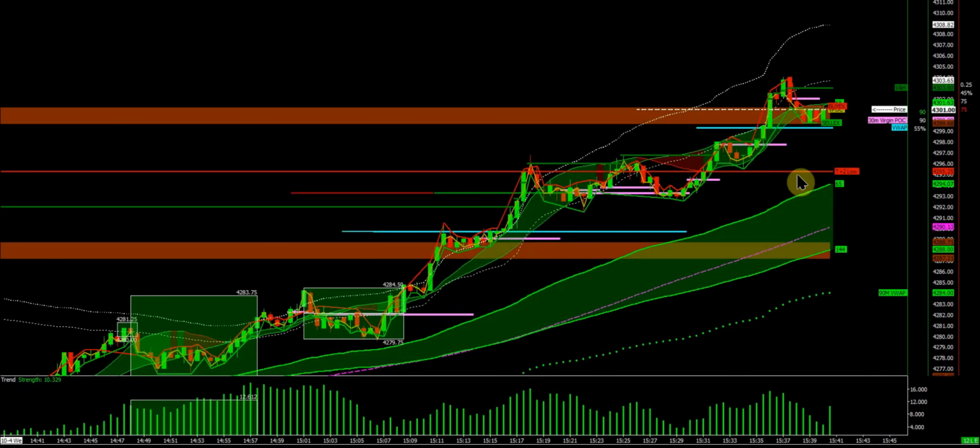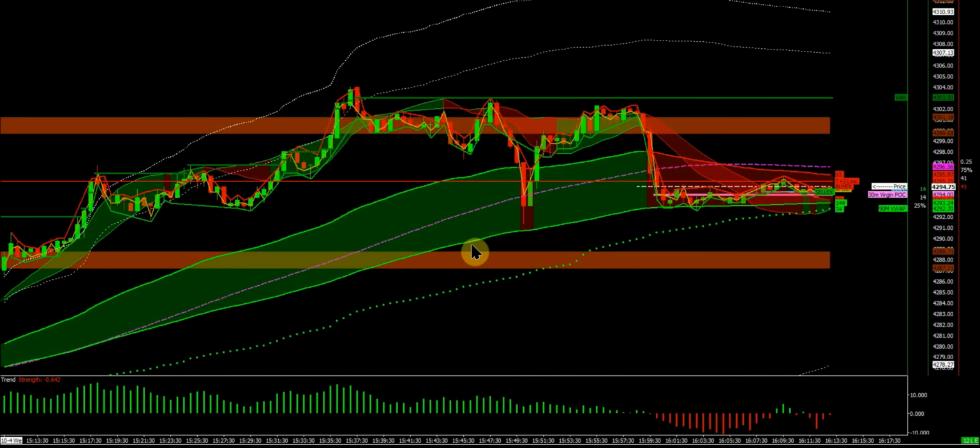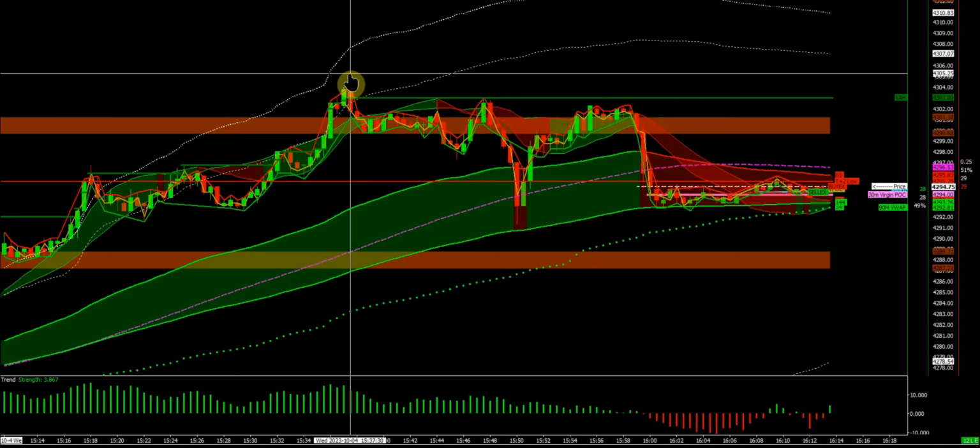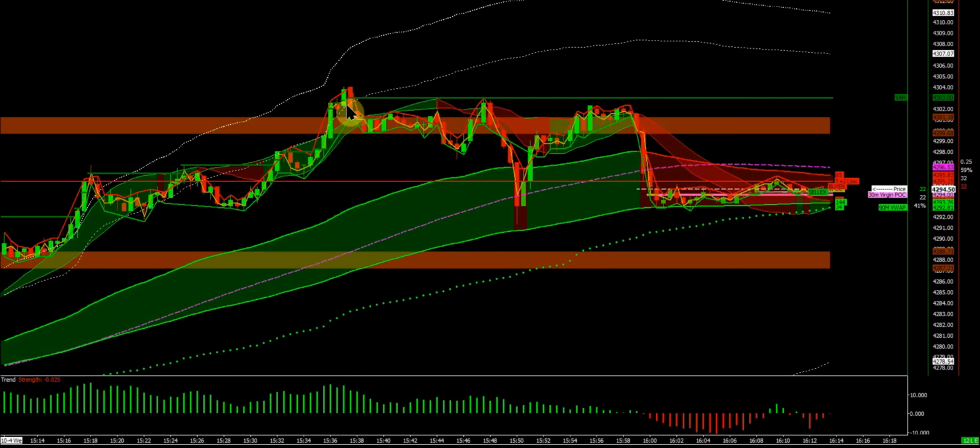Anyway, just wanted to show you guys that and follow up on what I had talked about right down here. I wanted to follow up on what happened up here when we made that new value area high, at around 1537. Here's the retest. I got out of my long trade from the bottom.